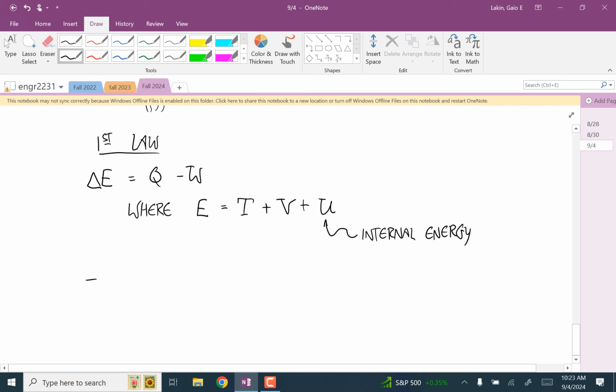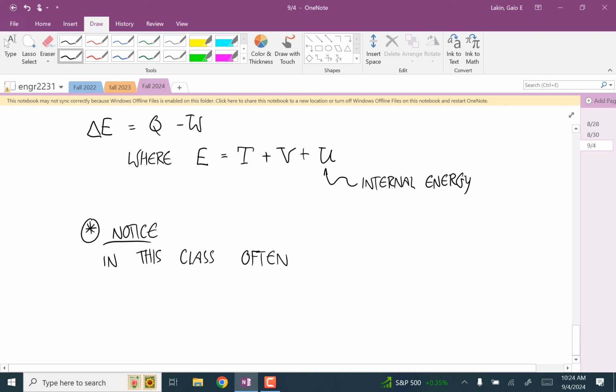One thing in this class to keep in mind is that very often, most of the time I would say, the change in kinetic energy and the change in potential energy are going to be negligible.